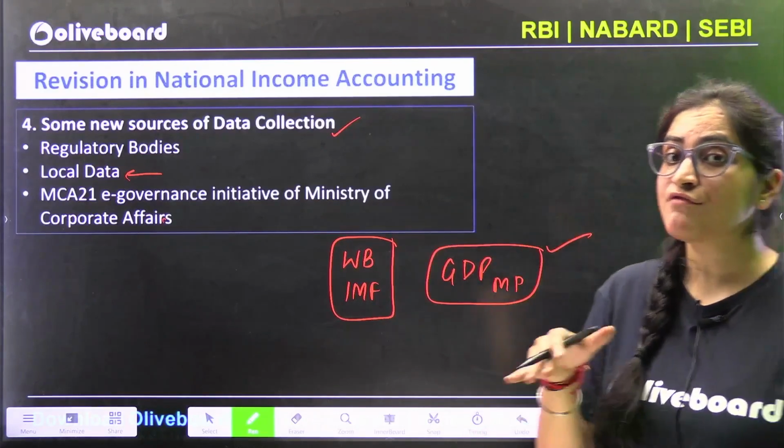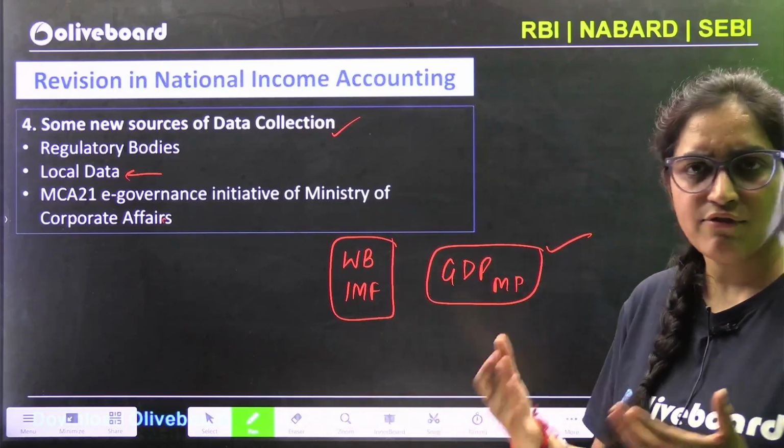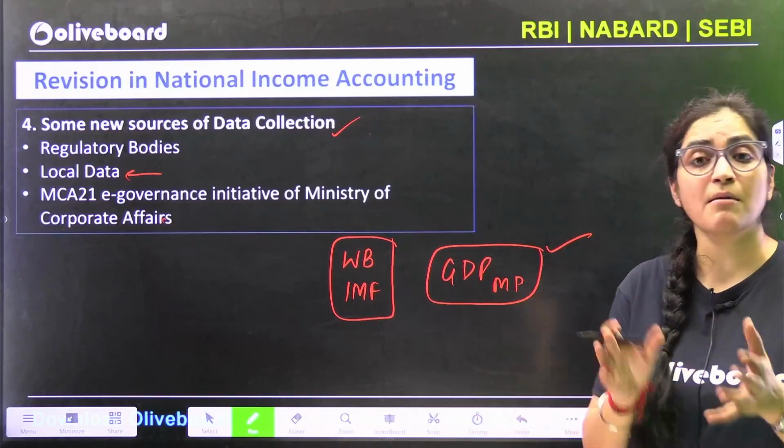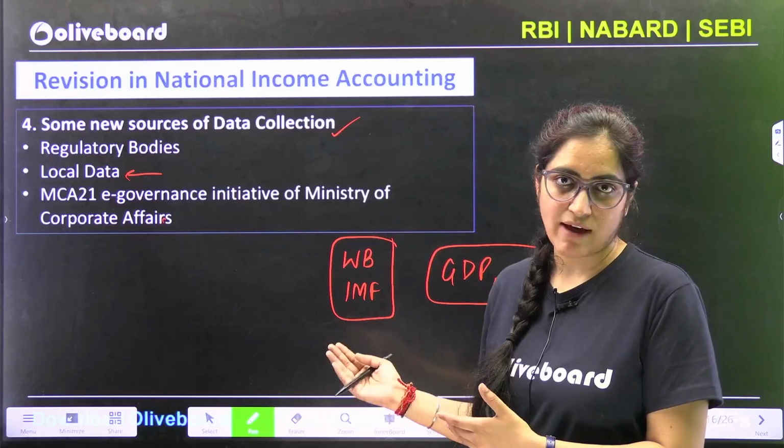Though earlier we were using factor cost, these bodies were using market prices. So we changed it because it makes international comparison easier.